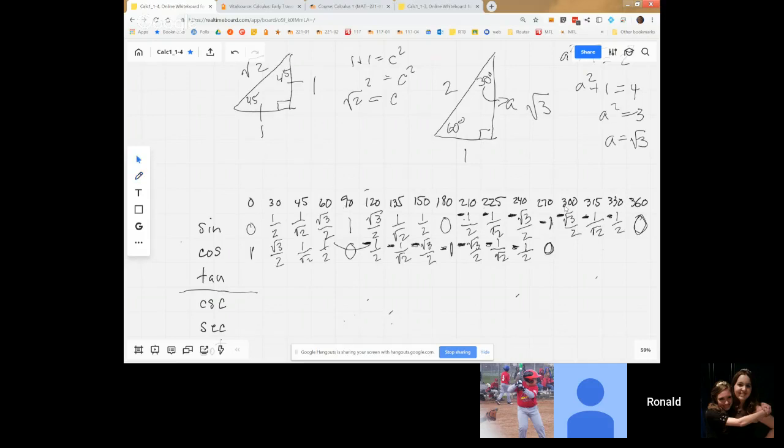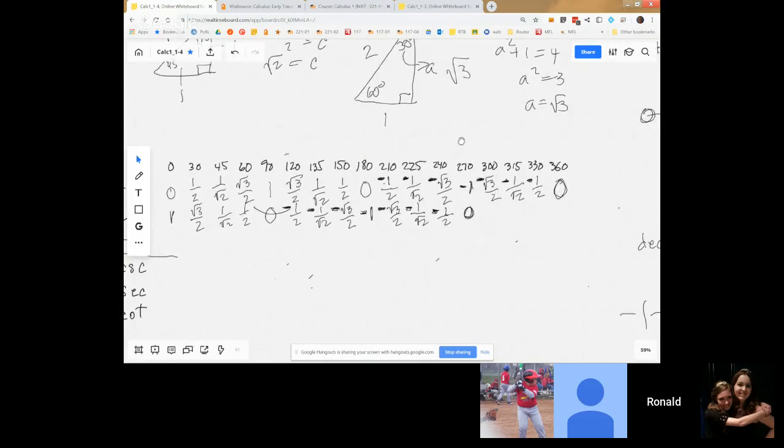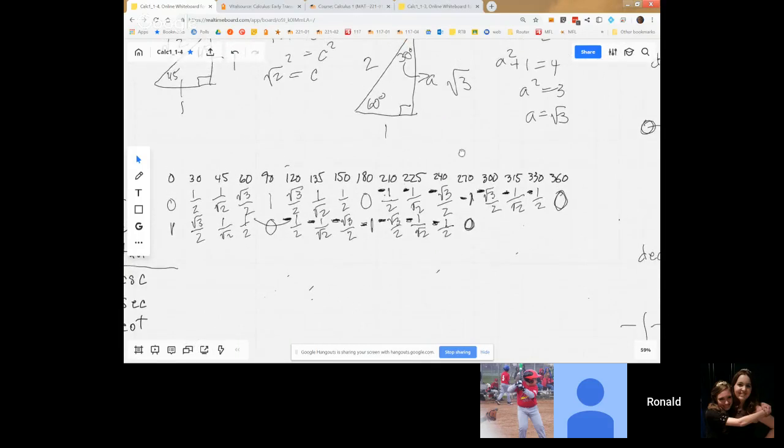All right. 300 degrees is, now we're in the fourth quadrant. We're 60 degrees away. Cosine of 60 is 1/2. And because we are right, this is now a positive. 315 is a 45-degree angle from the nearest x-axis.